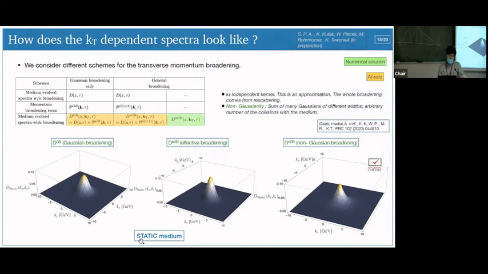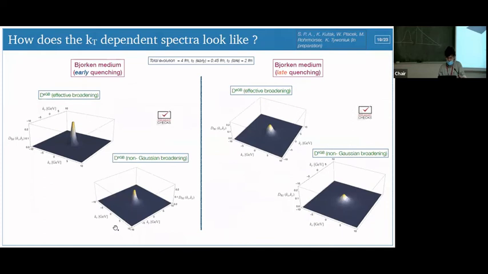The first step is to go for the simplistic static media. We also did it for the Bjorken media with different quenching times, the early and the late quenching, and we see that the qualitative features we arrived at for the static media also hold for these Bjorken scenarios.